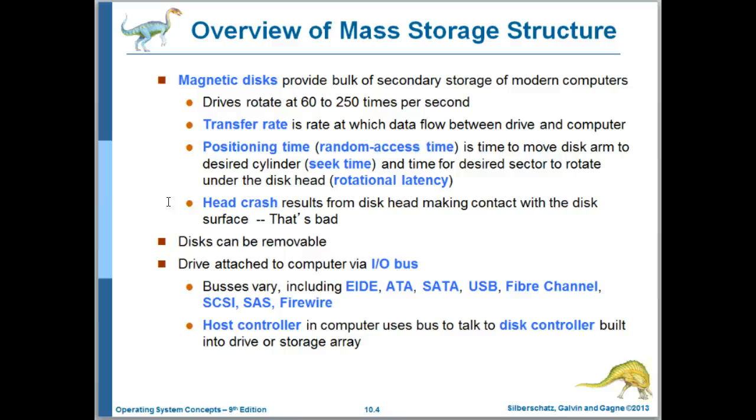The distance between the disk and a flying head is much smaller than the diameter of a human hair. Disks can be removable. You might remember floppy diskettes or zip drives.